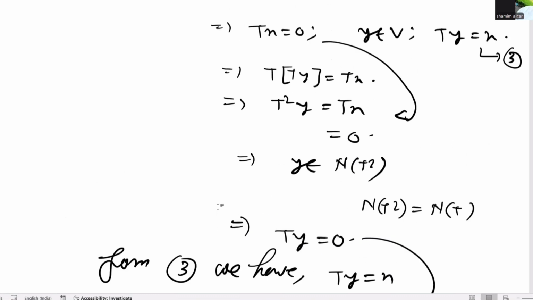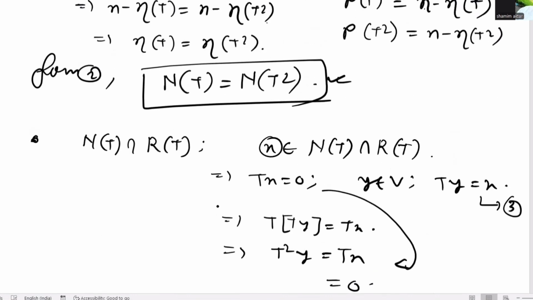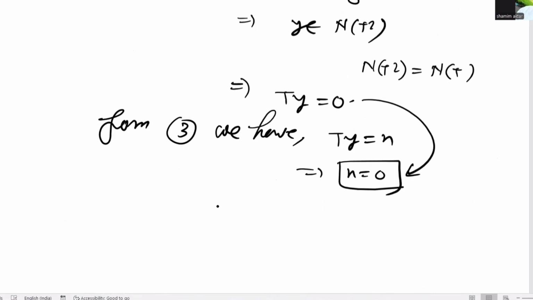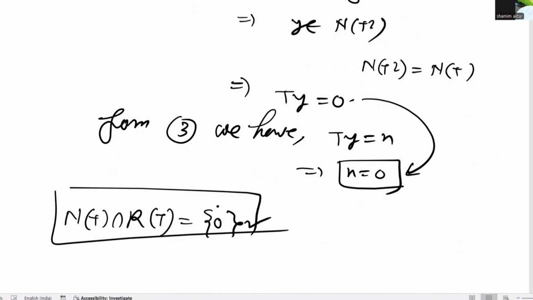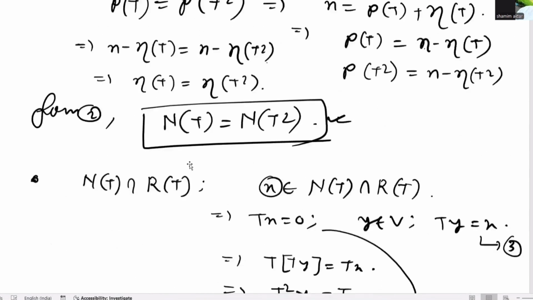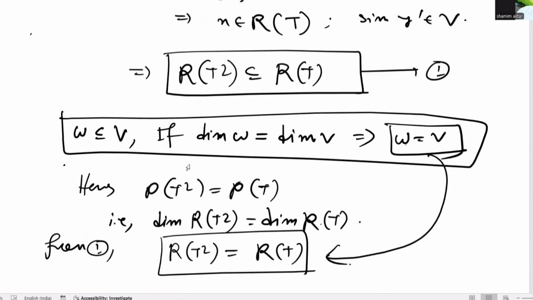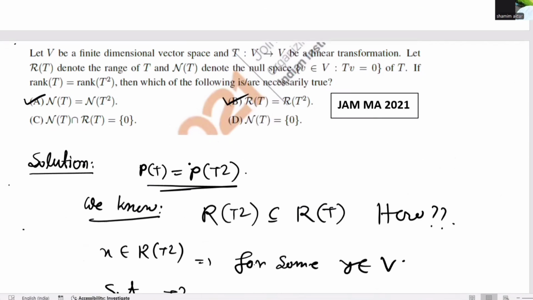Here x is an arbitrary choice. So we have the null space of T intersection the range space of T equal to the zero vector. This is also true, so option C is also true.